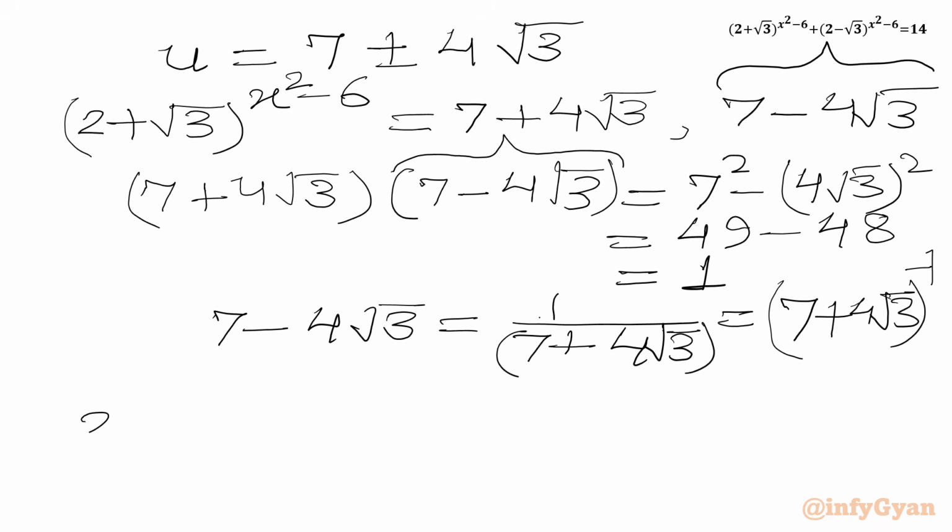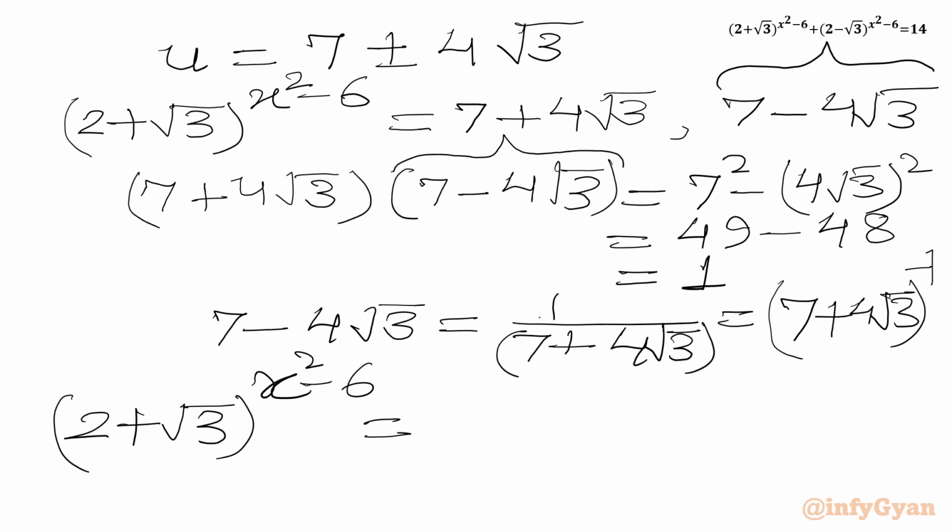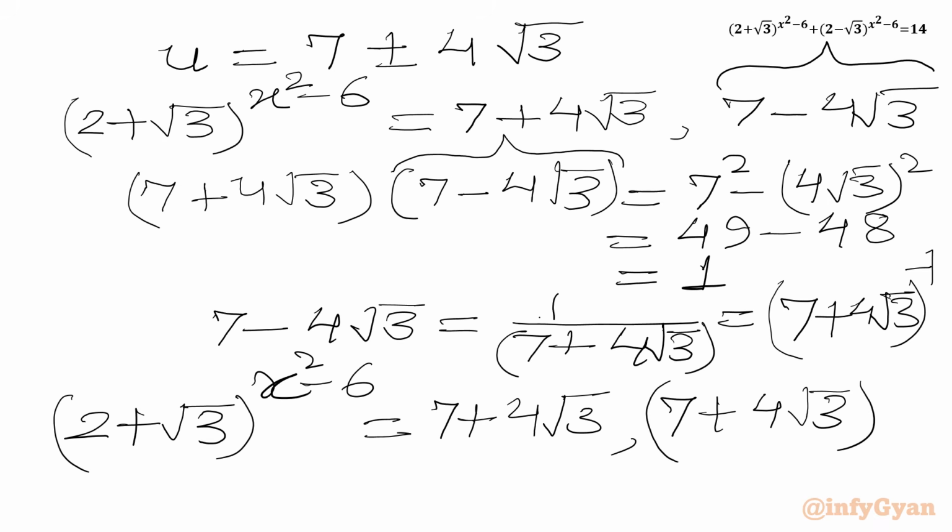So we can write 2 plus square root 3 whole power x square minus 6 equal to 7 plus 4 root 3, comma, 7 plus 4 root 3 whole power minus 1.